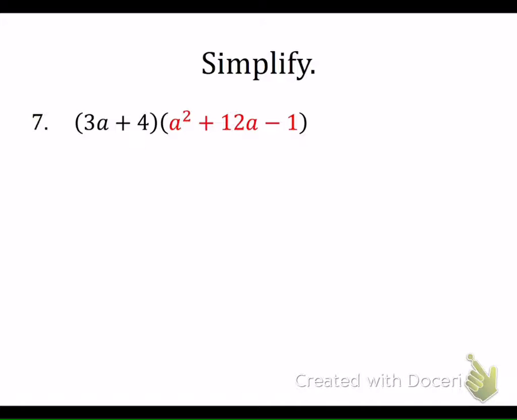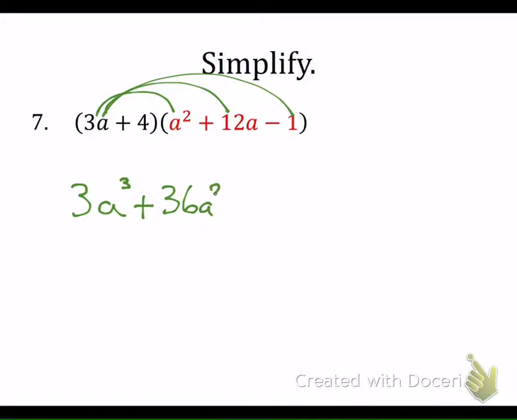Number 7. All right, how should we start this one? Distribute to all 3. So I'm going to distribute the 3a to all 3. 3a to the 3rd, plus 36a squared, minus 3a.